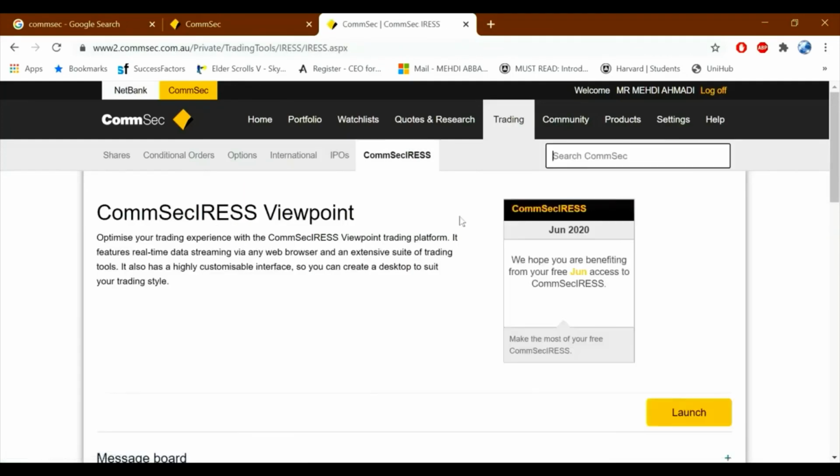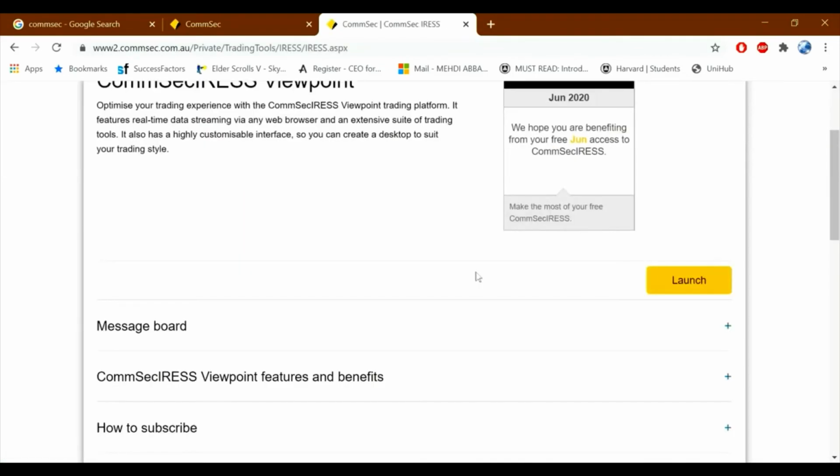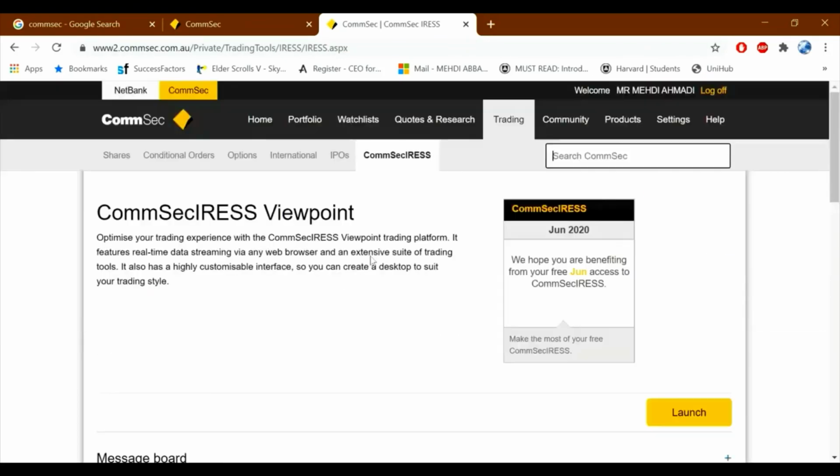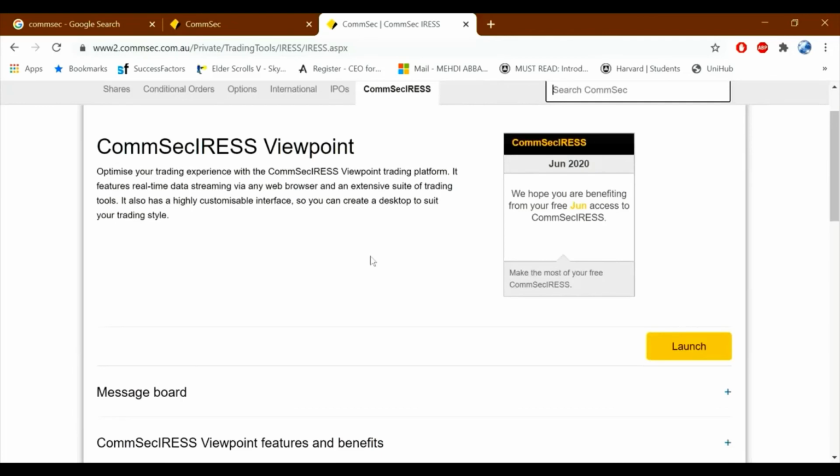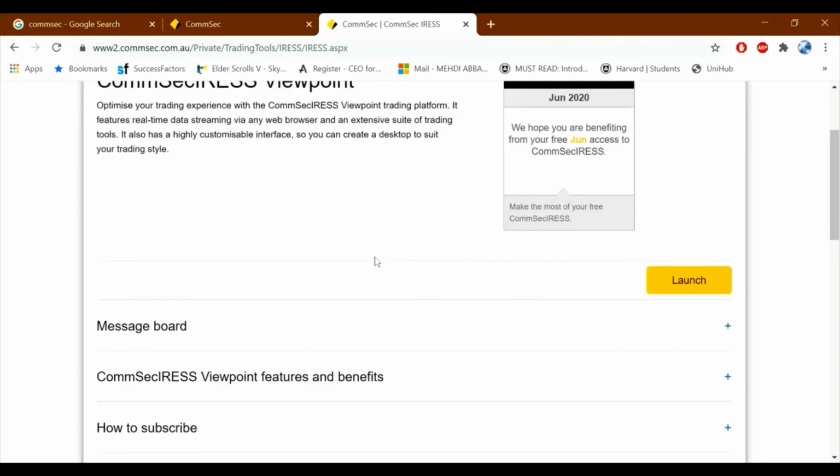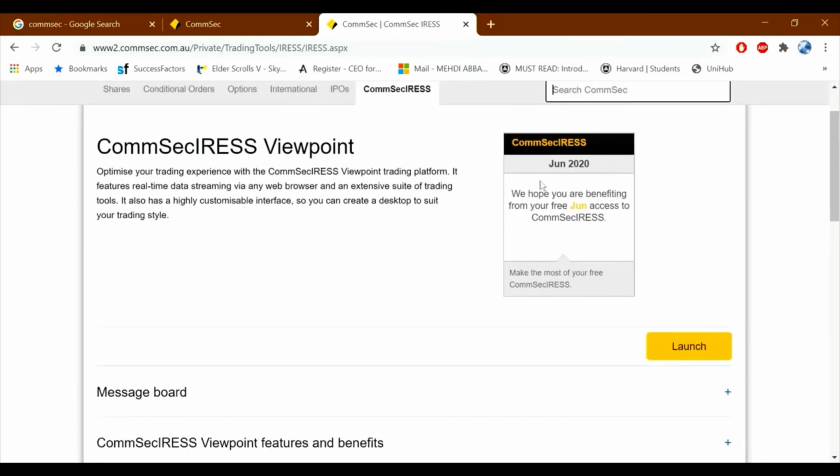CommSec Iris is a paid option. It can be used to see charts and keep track of the companies you want to invest in. This is good for day traders.